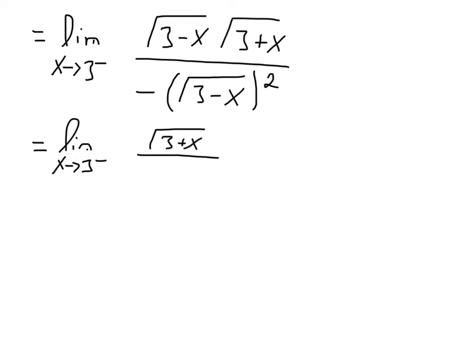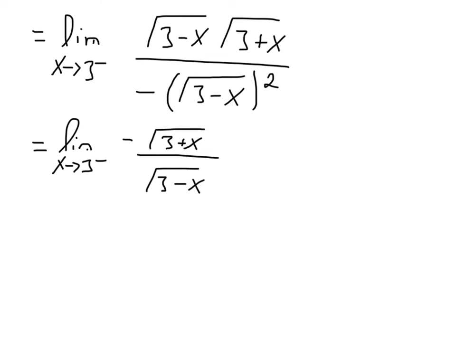I've canceled that root 3 minus x. I'm left with root 3 minus x. And I have a negative in the denominator, but I can put that negative upstairs if I want, just as well. And now we've done some canceling.